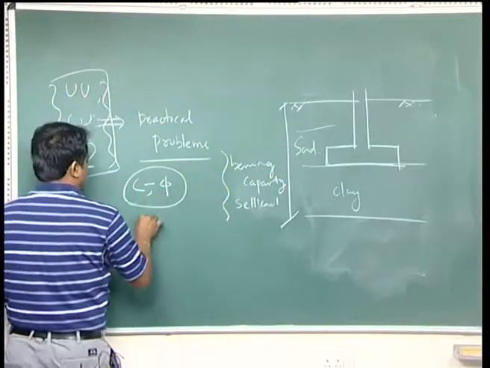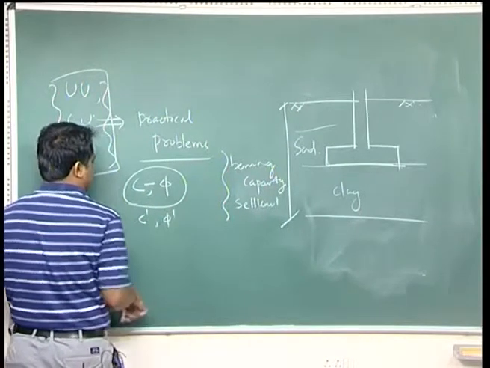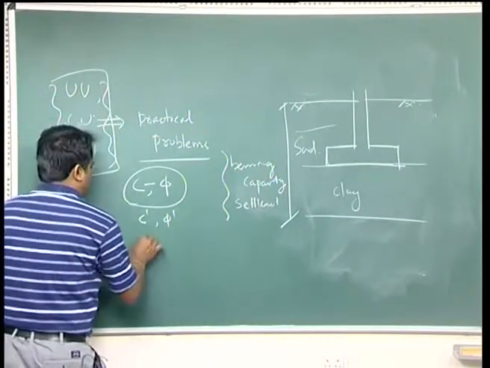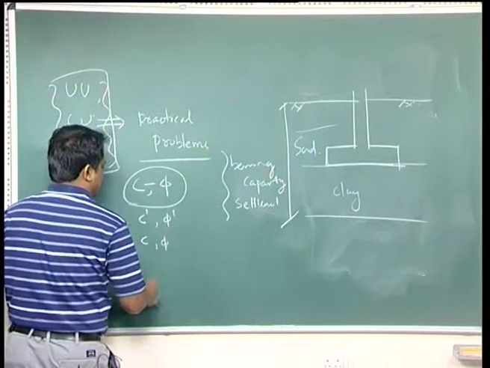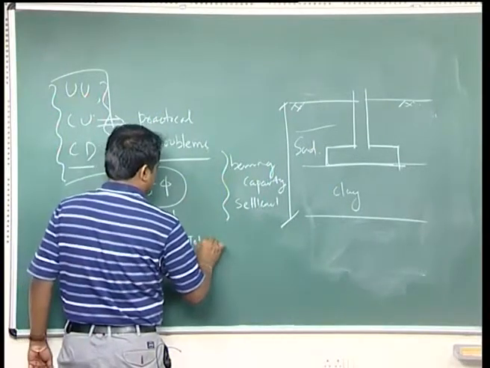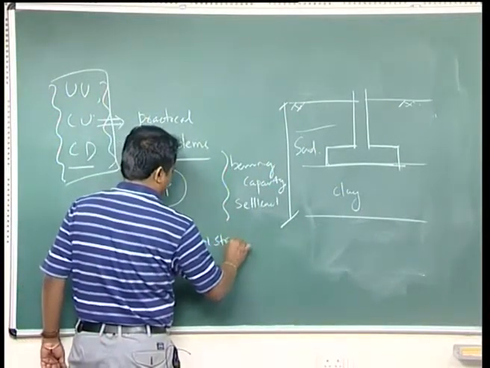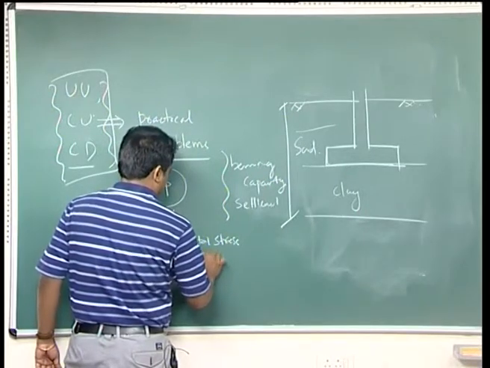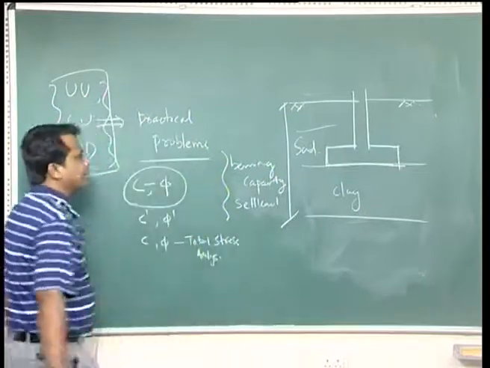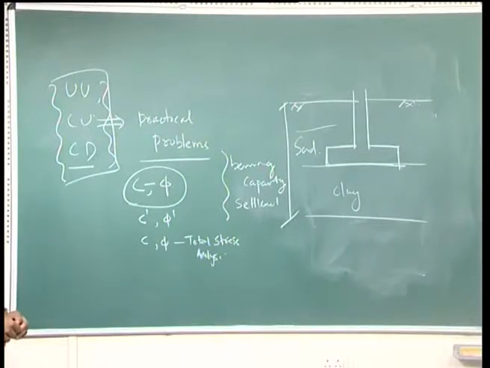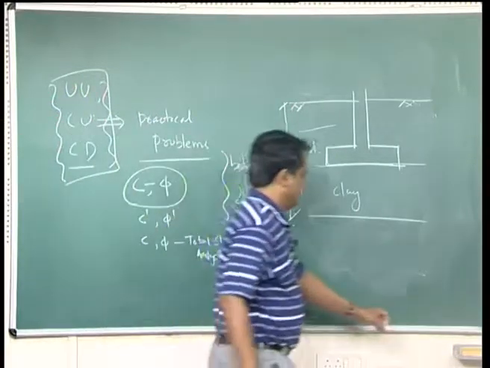It may be C prime, phi prime, effective stress analysis, or it may be C and phi, total stress analysis, depending upon the requirement. So, these things will be discussed later on.